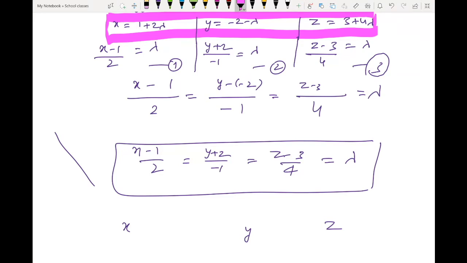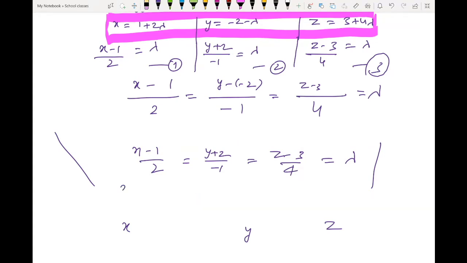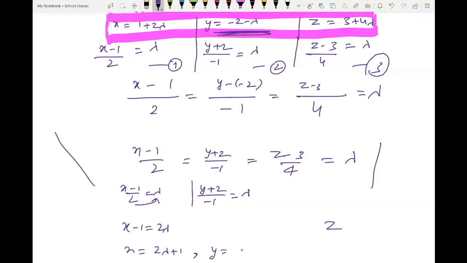Even from here, x minus 1 by 2 equals lambda, so x minus 1 equals 2 lambda. So x will be 2 lambda plus 1. Similarly, y plus 2 by minus 1 equals lambda, so y equals minus 2 minus lambda. And z minus 3 by 4 equals lambda, so z will be 3 plus 4 lambda.